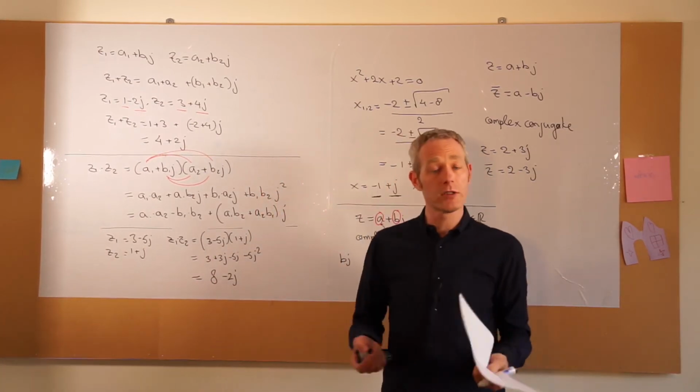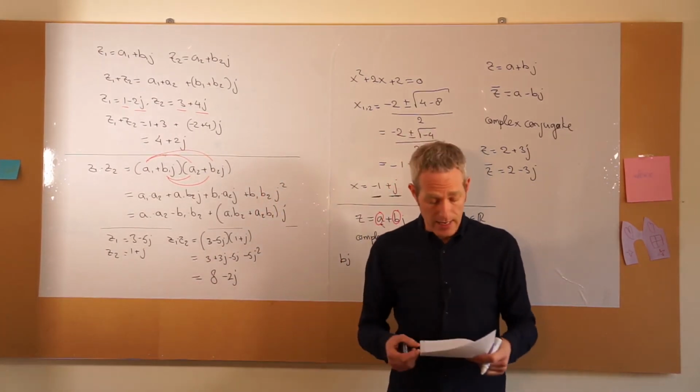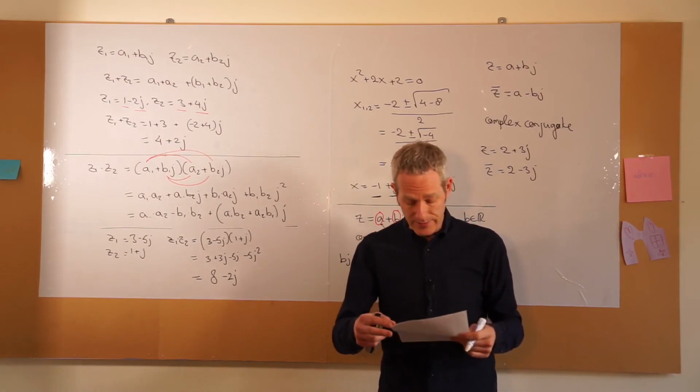And we see that if we multiply two complex numbers, we get a complex number again.